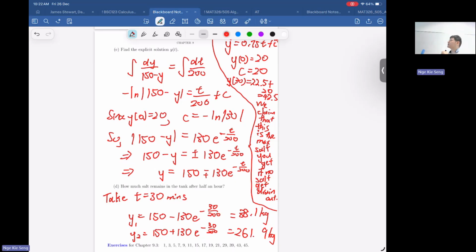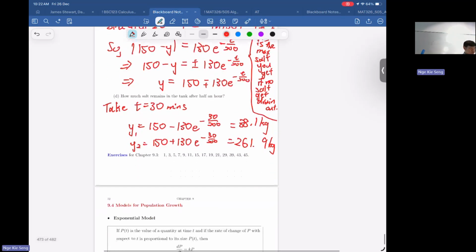Okay, let me think. So this e to the minus t over 100 is decreasing, right? So it's decreasing, so you're getting smaller. Okay, so let's write down the conclusion first.